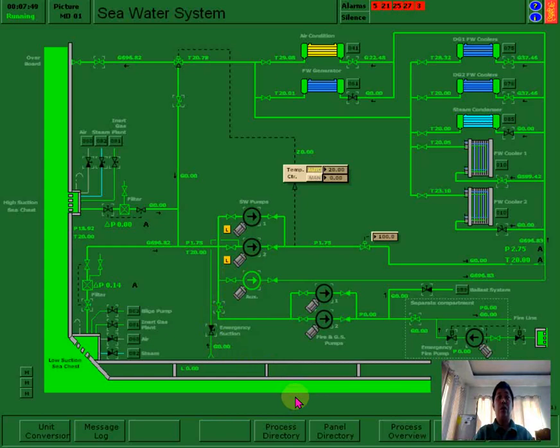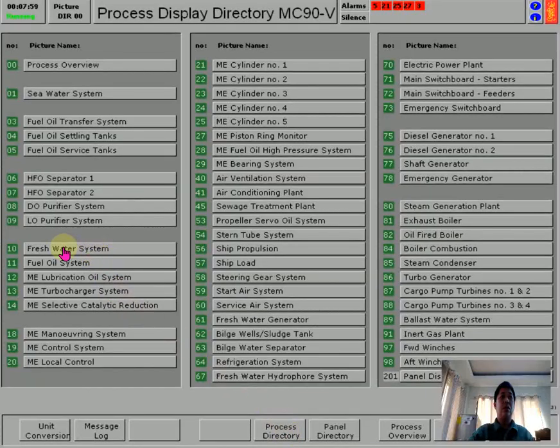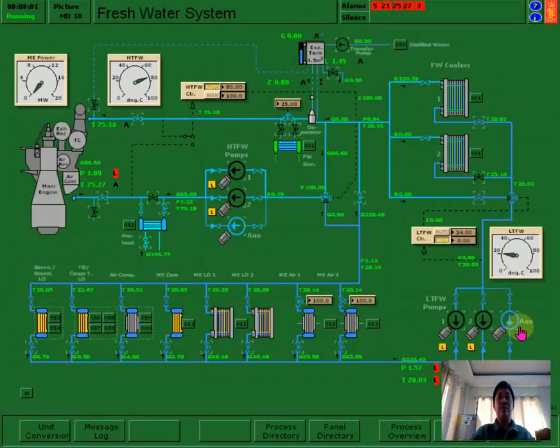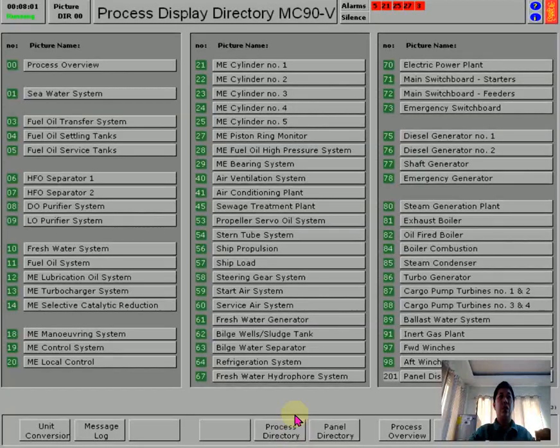So the auxiliary seawater pump number one, the auxiliary freshwater pump, the high temperature freshwater auxiliary pump number one, as well as the auxiliary pump of the low temperature freshwater pump. We will transfer these into main pump.